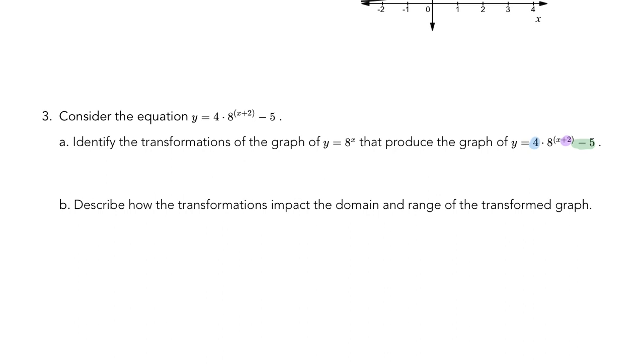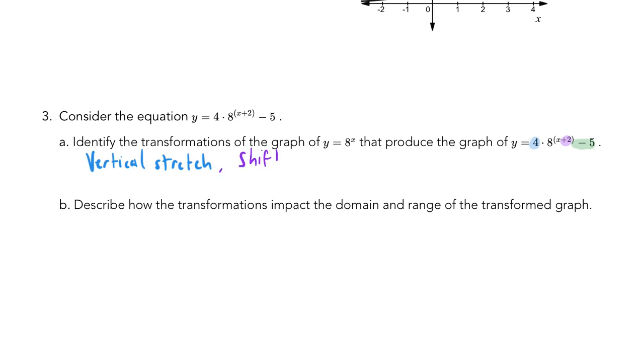So the 4. That's our vertical stretch or compression. It is bigger than 1, so it's a vertical stretch. So this graph would be steeper than the original one. Then we move to the 2, so that's where our horizontal shifts are, up in the exponent. That's our liar. So this is going to shift to the left 2.